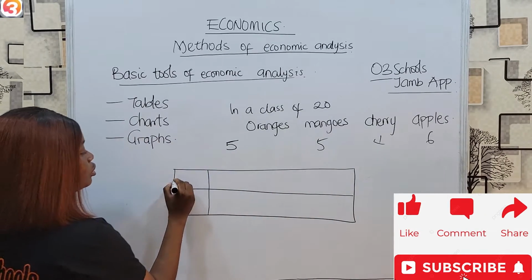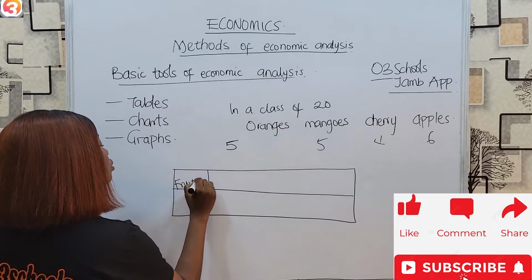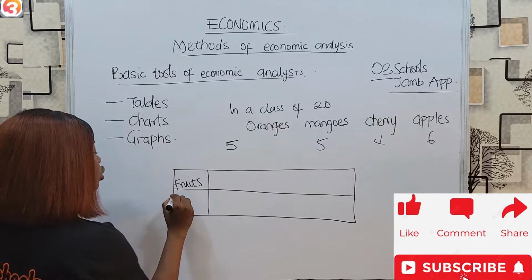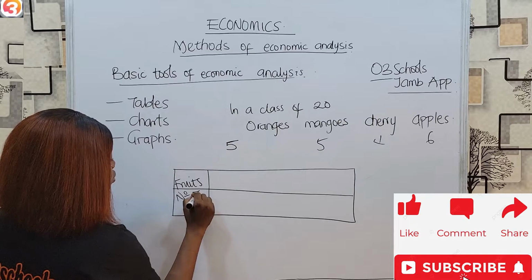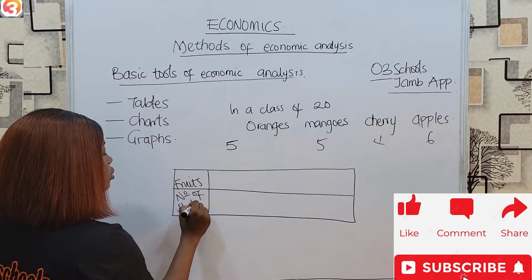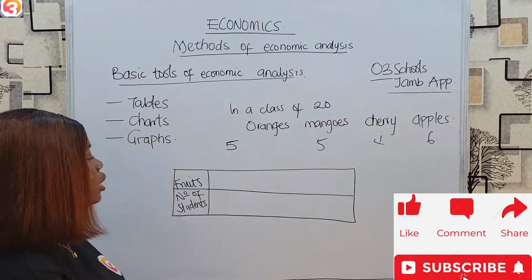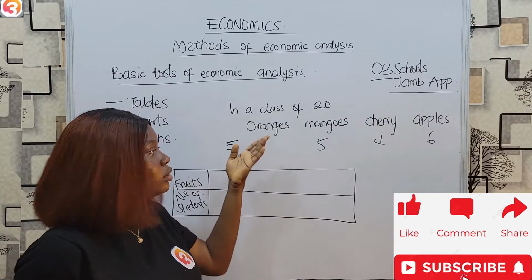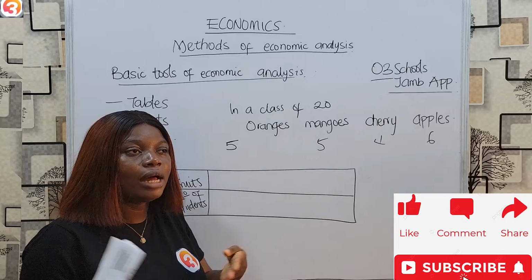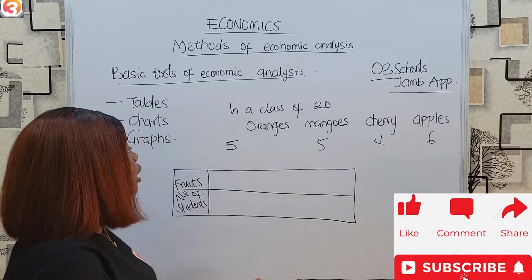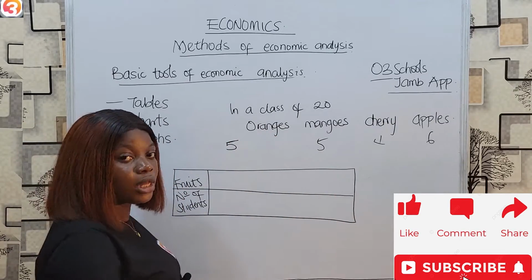So this will be the fruits, and this will be the number of students, which is still the frequency. The frequency is just like the number of times a data appears, or the number of times an element appears.